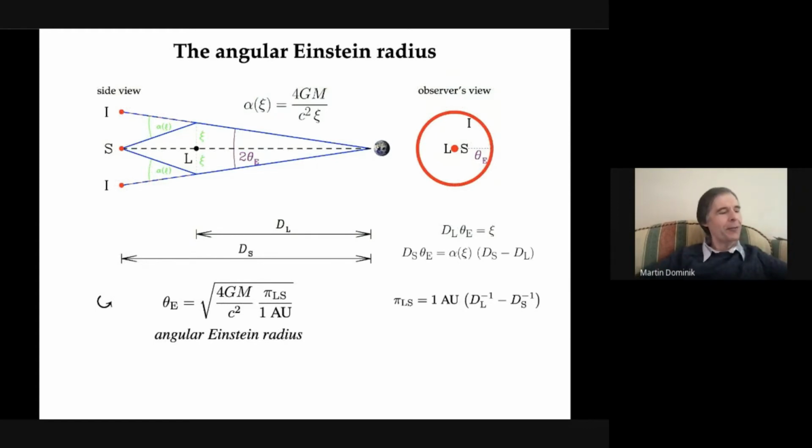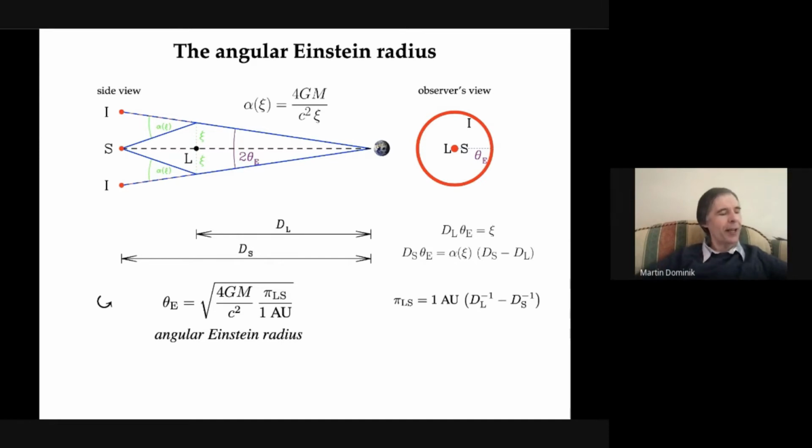The angular Einstein radius constitutes the single fundamental scale for the bending of light by astronomical bodies. It corresponds to the angular size of the ring-shaped image that is observed if light from a distant background star bends around a massive deflector, usually, but somewhat inappropriately, referred to as gravitational lens, that happens to be exactly in between the background star and the observer.